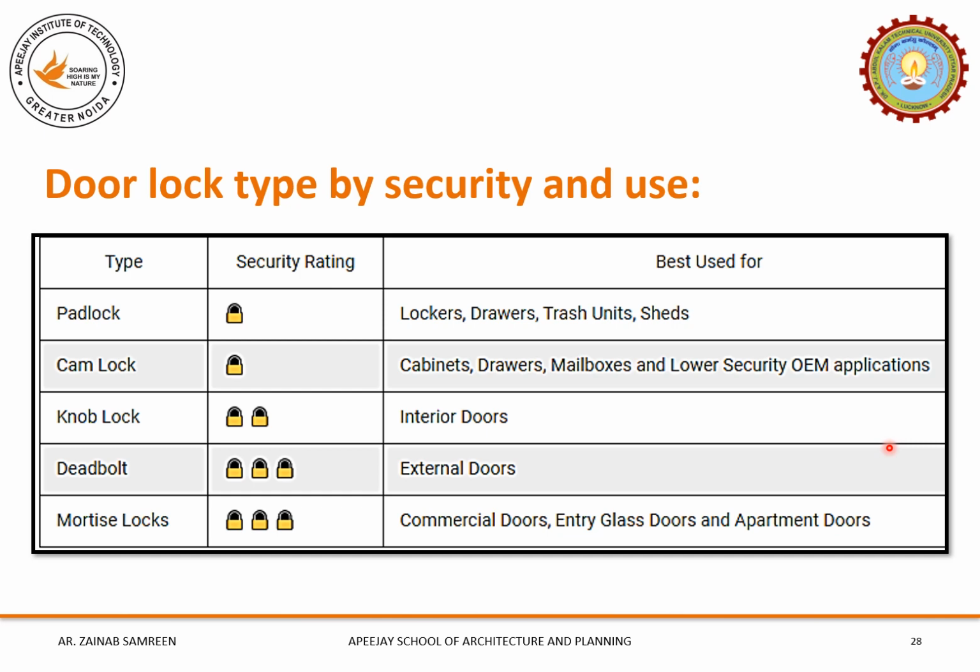For example, a padlock can be used for lockers, doors, trash units, sheds, etc., whereas a deadbolt can be used for external doors. A mortise lock can be used for commercial doors, entry glass doors, and apartment doors, etc. Right. So there are the security ratings.